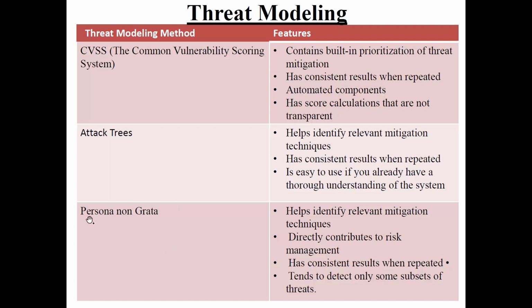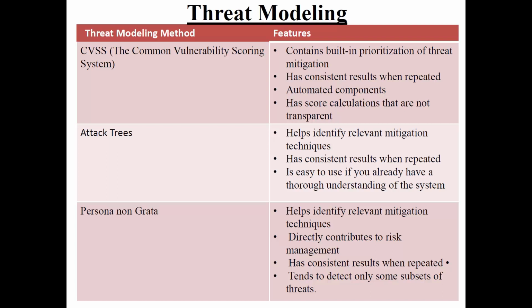Next is persona non grata. This threat modeling method, which in short is called PNG, focuses on the motivations and skills of human attackers. The idea in this model is to introduce a technical expert to a potential attacker of the system and their skills, motivations, and goals, which helps the expert to see the system vulnerability and point of compromise from the other side.